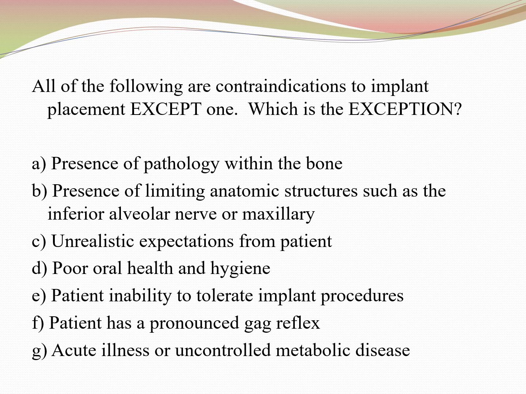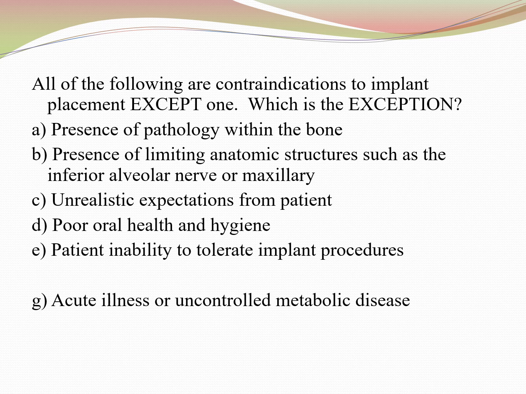Sometimes we have uncontrolled diabetes, for instance. And really, that's your exception. It's not going to make a difference if they have a gag reflex or not with placing an implant. It might when they're getting an impression, but a lot of times the anesthesia can help with that.